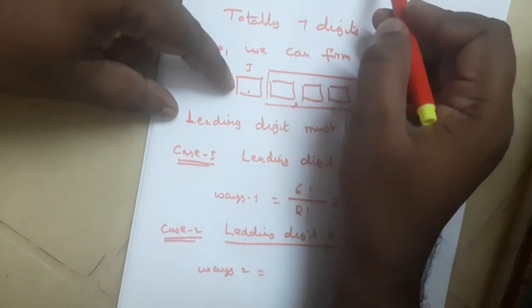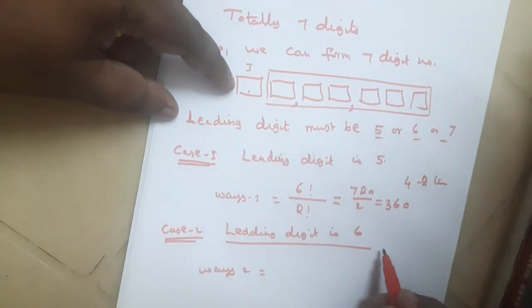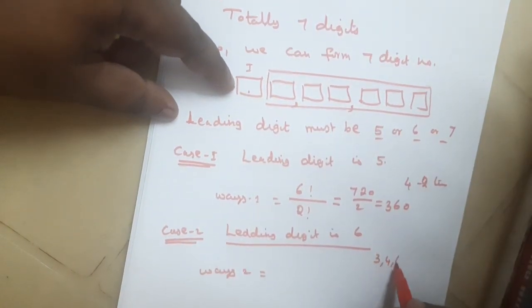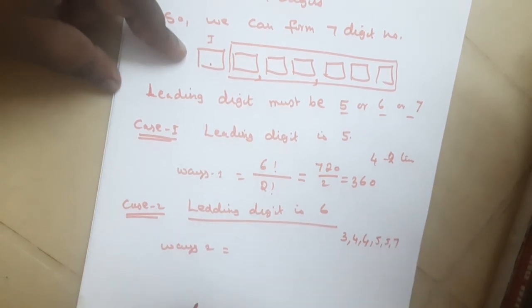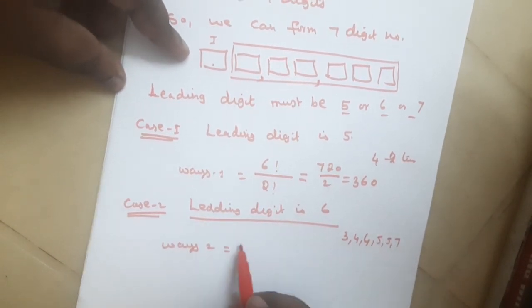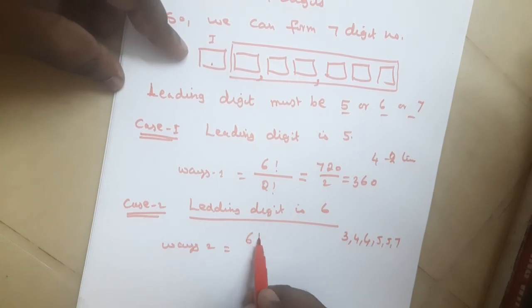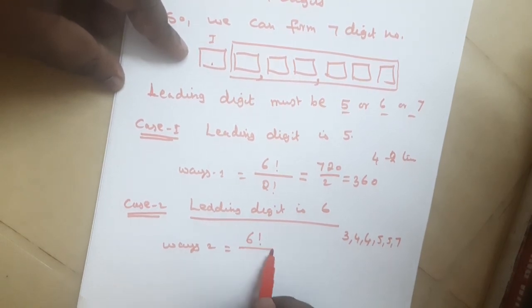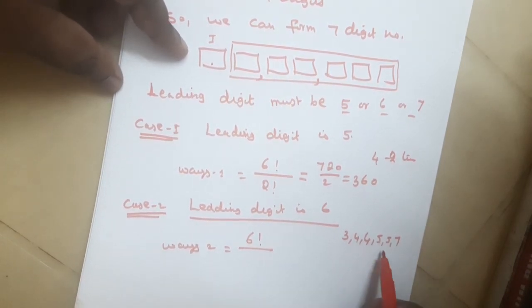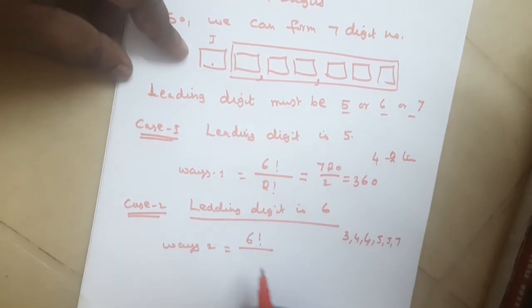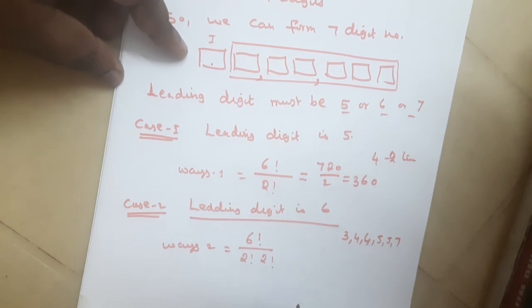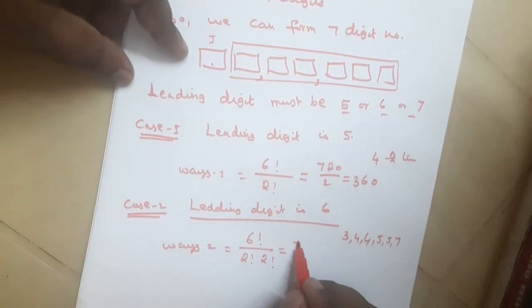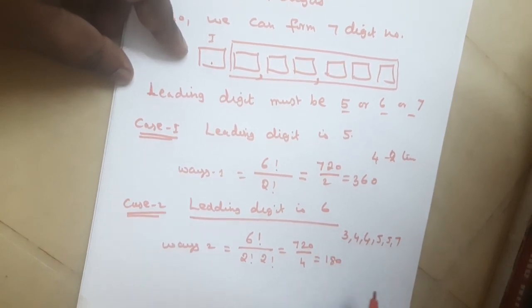We have 6 digits: 3, 4, 4, 5, 5 and 7. So 6 factorial divided by, because 4 and 5 are repeated 2 times, 2 factorial and 2 factorial. So this is 720 by 4, which is equal to 180.